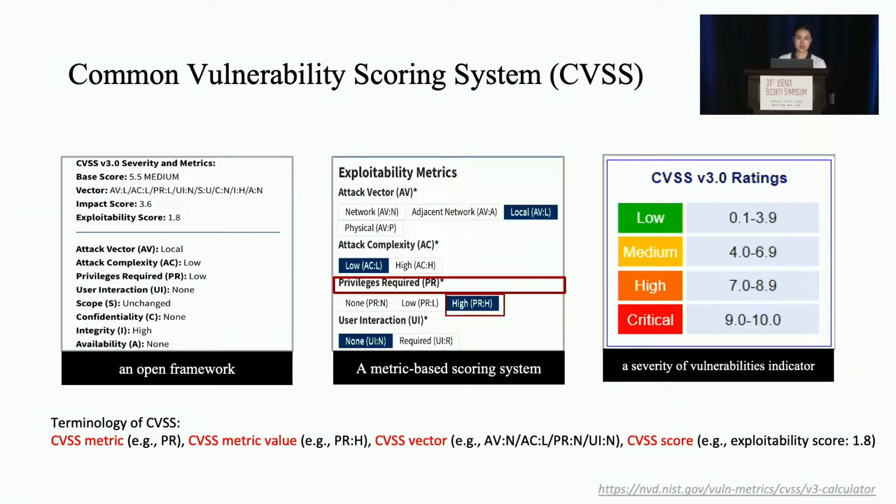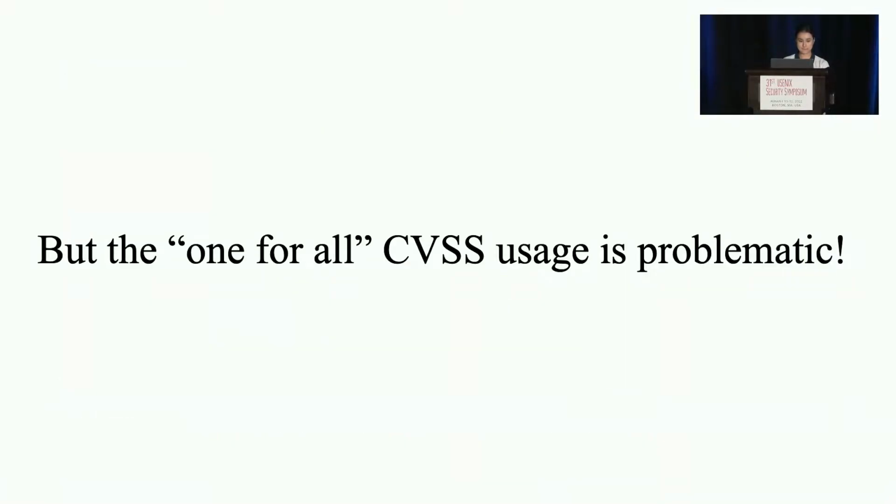After each metric has been assigned a value, a CVSS score can be automatically calculated by the CVSS calculator. Hence, further, the severity of the vulnerability will be rated by the CVSS score. However, a fundamental problem arises in the one-for-all CVSS usage.